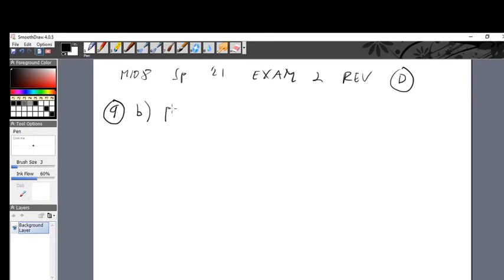Here's what happens in 9B. Roll dice to get extra turn in game. All right, whatever. To get extra turn in game.